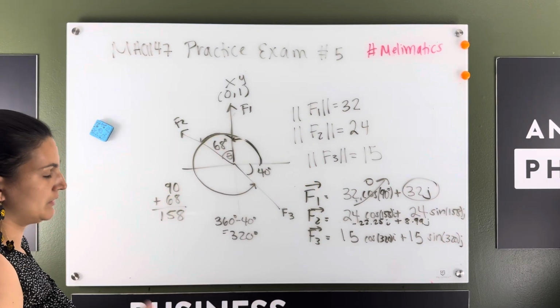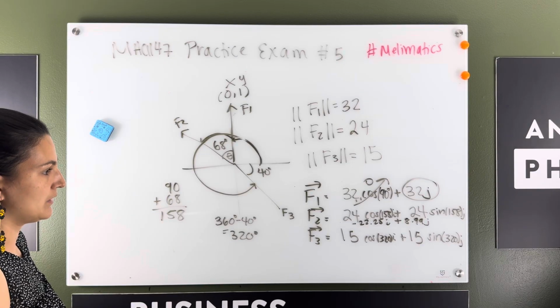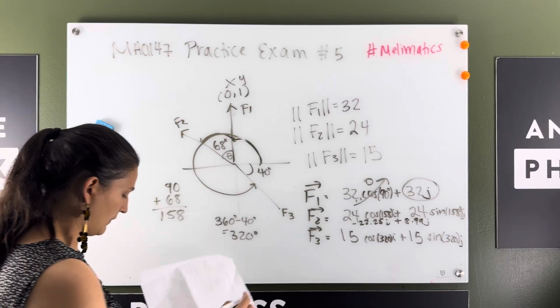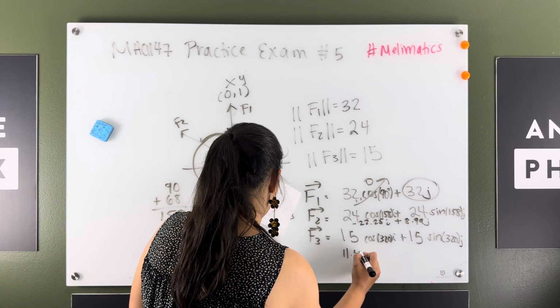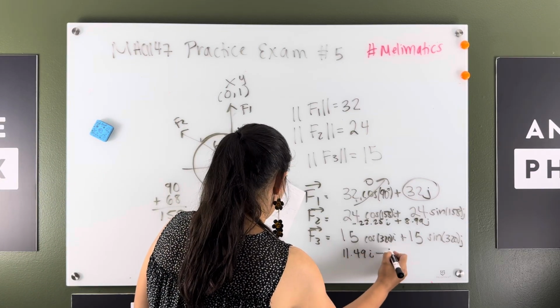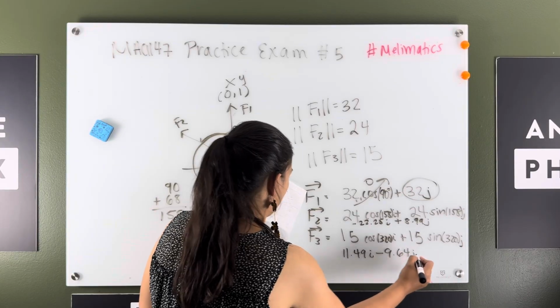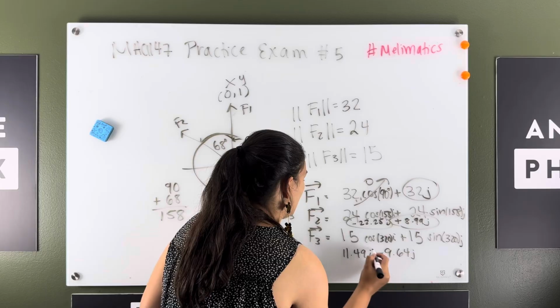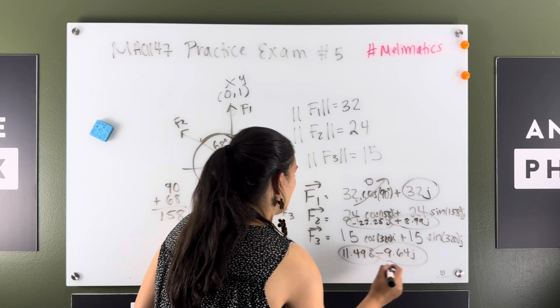First, of course, figure out the sine or cosine of the angle, then multiply by the number, keep your i, keep your j. For F3, when you plug in, you're getting 11.49 i minus 9.64 j. Okay, so I have my i's and my j's for each force vector.